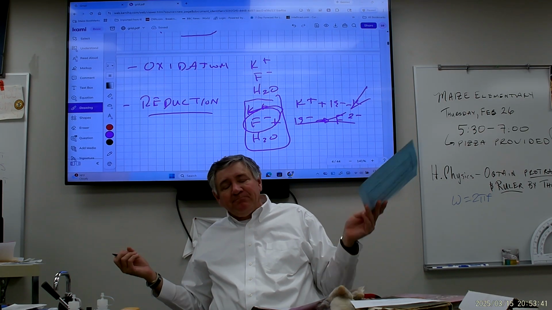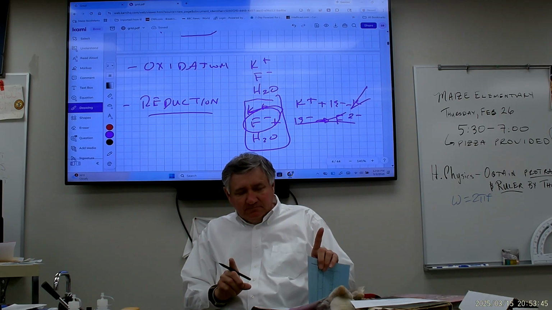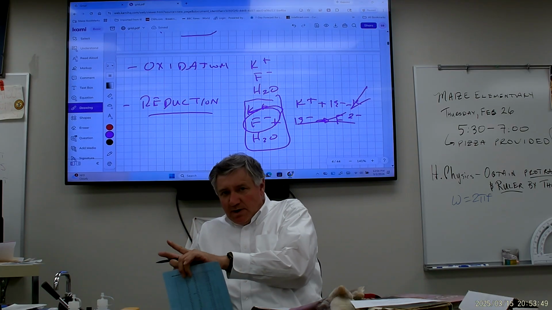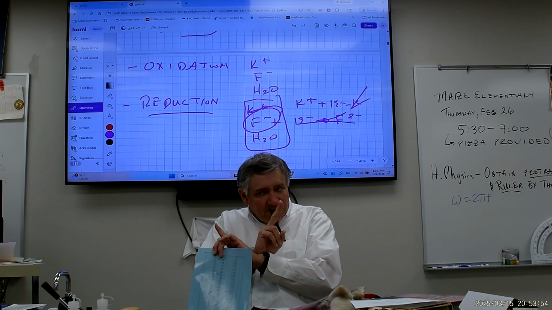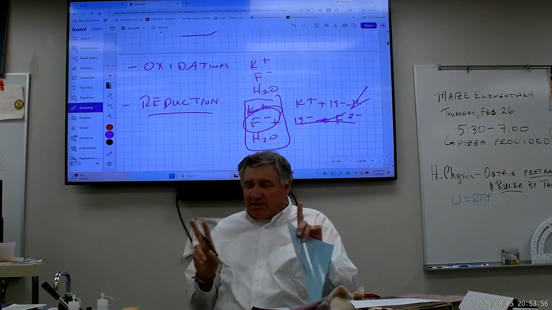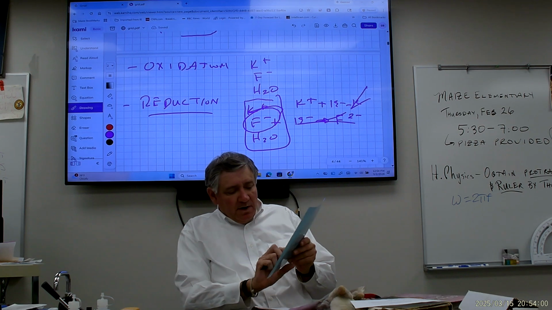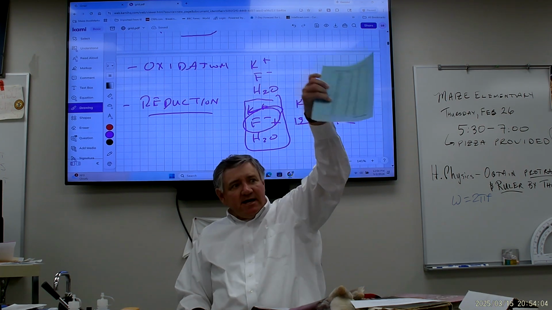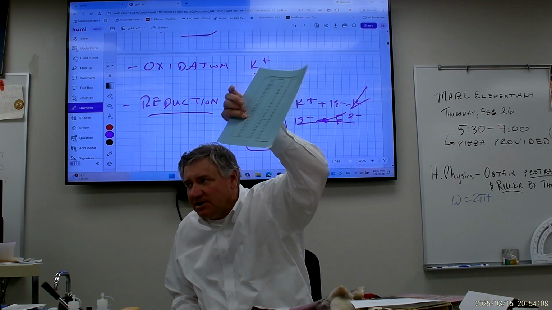Let's not get there. Now, here's what you have to keep straight. Is the difference between the reduction of water and the oxidation of water. They are two completely different things. Okay? They're two completely different things. On the reduction of water, you have to start with water as a reactant, as a reduction equation.